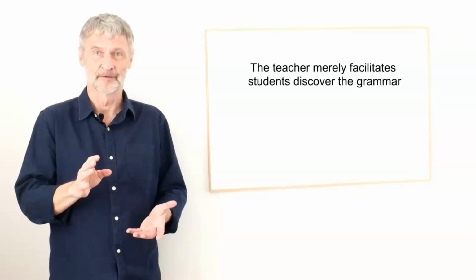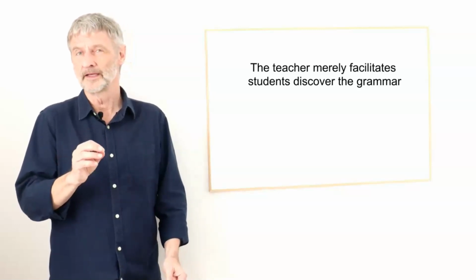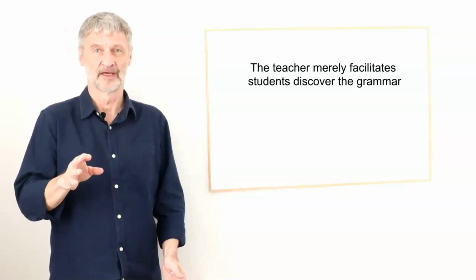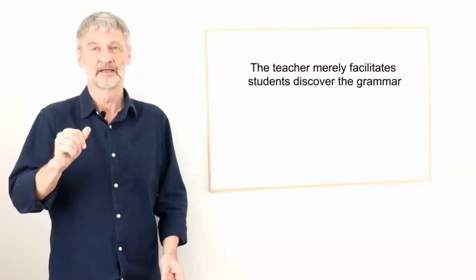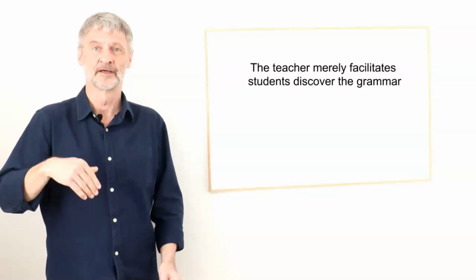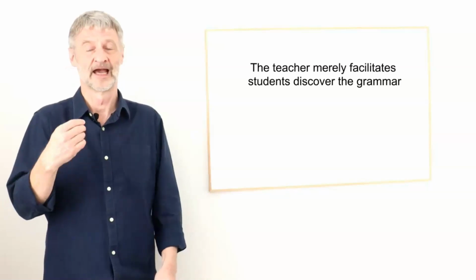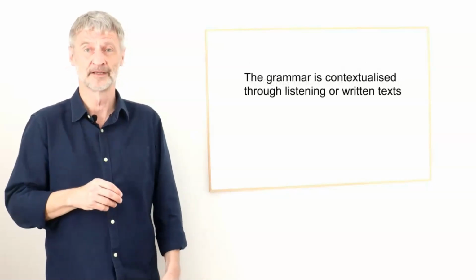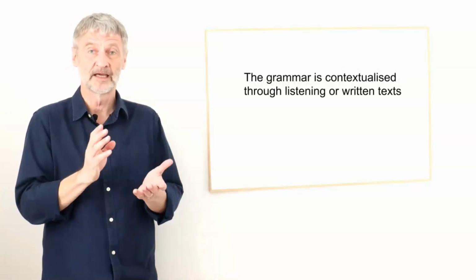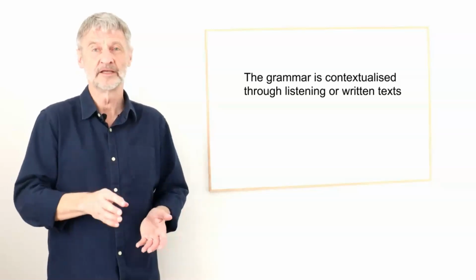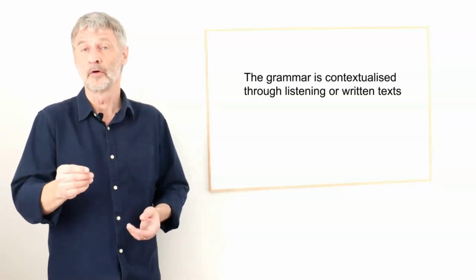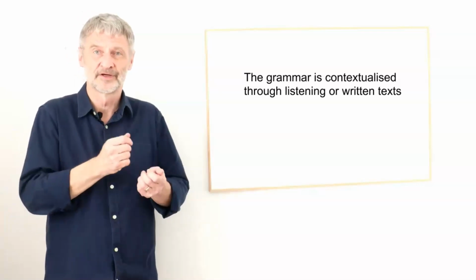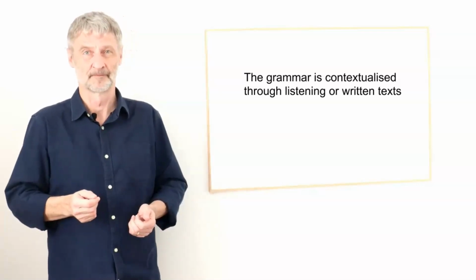So how does this work? While in situational clarification, we set the context using pictures and anecdotes, as we saw in part 2, in guided discovery, we need to use listening or written texts to contextualize the grammar.